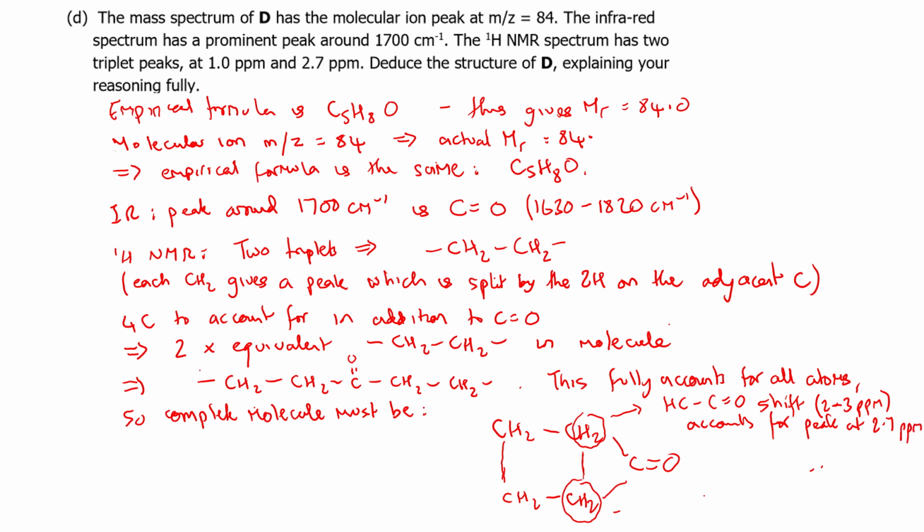And then the other two CH2s, so this one and this one, again are equivalent to each other, and those have just got other CH2s next to each other, so you have an HCR shift, which is 0.5 to 2 ppm.